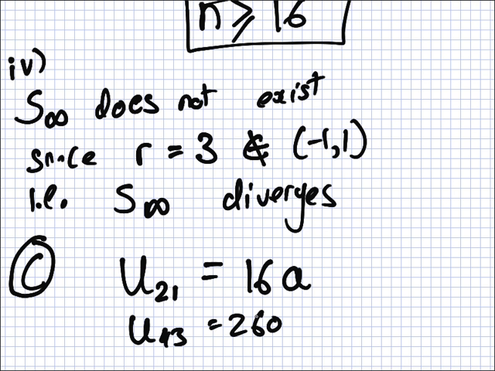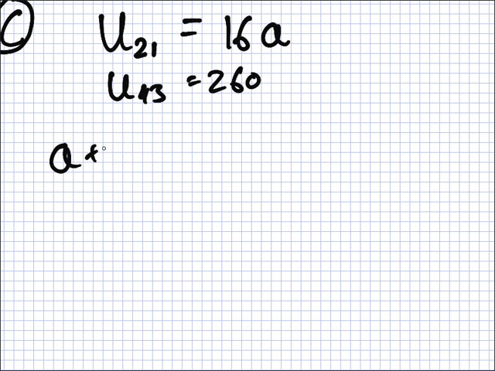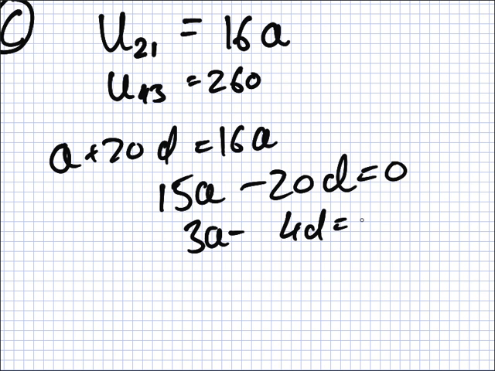Find A and D. Okay? So let's have a look. We get A plus 20D equals 16A. So 15A minus 20D equals 0. Divide by 5. 3A minus 4D equals 0.